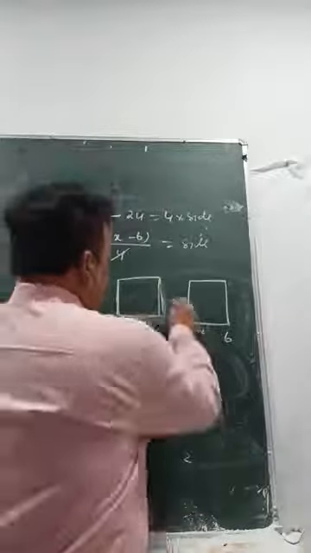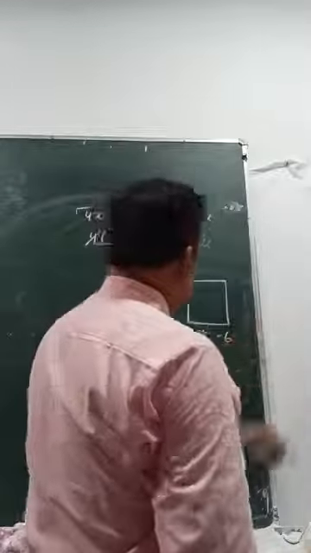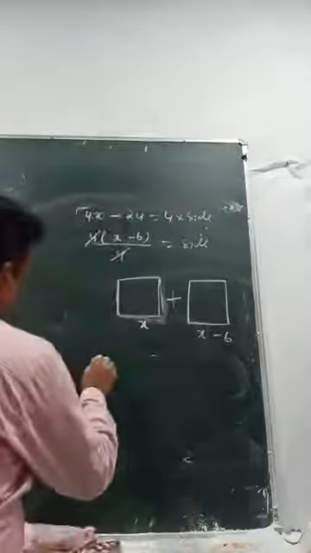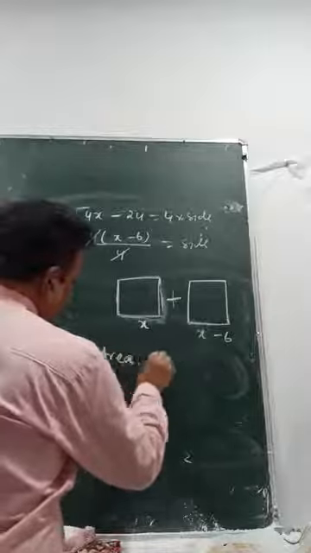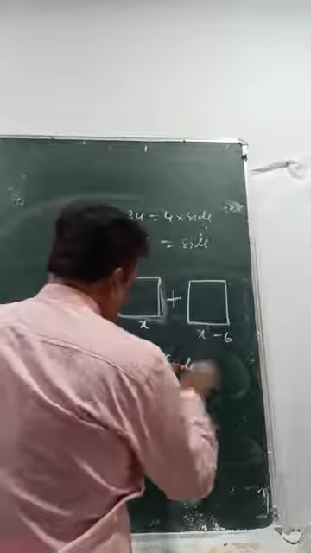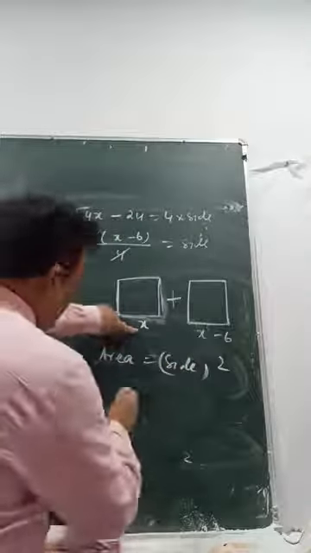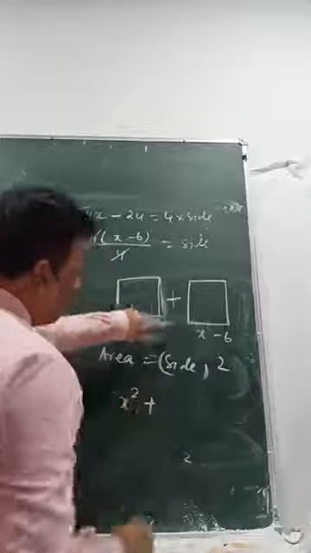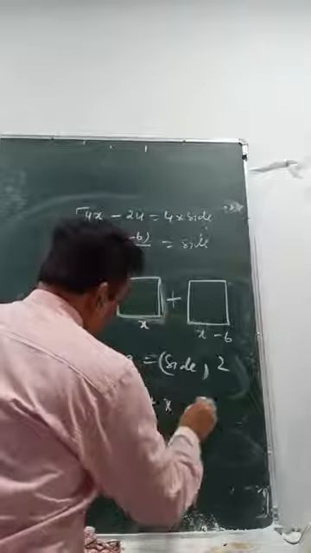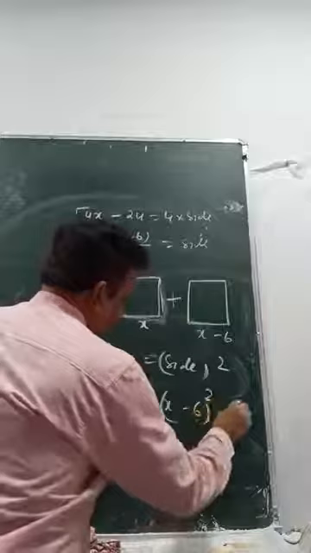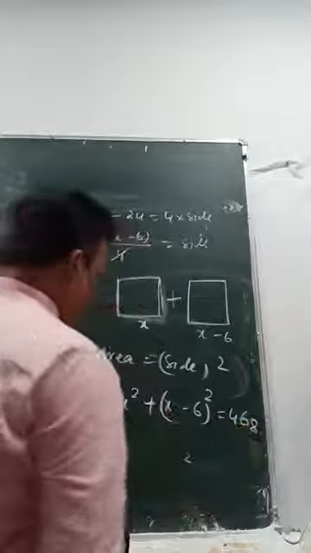Sum of the areas is 468. Area formula is side square. This side square means x square, this side square x minus 6 whole square, equals to 468. We have to solve it.